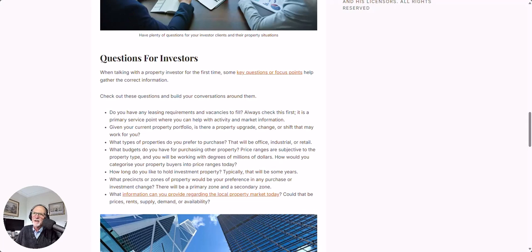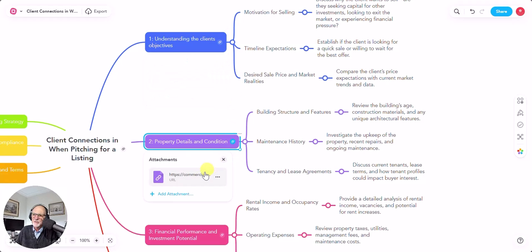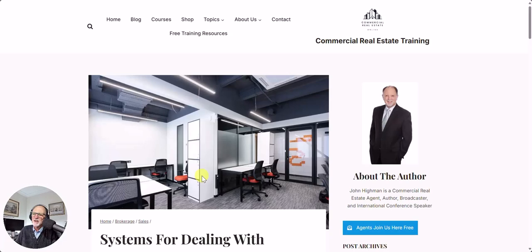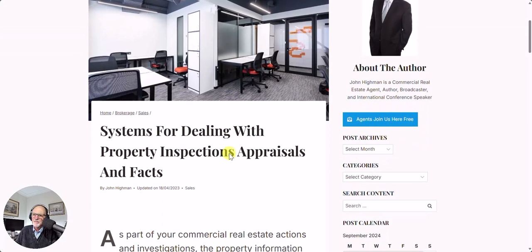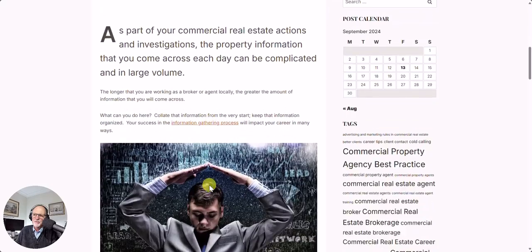Okay, so let's go back here. Now let's look at this next particular article that I've got here for you. Property details and conditions. So this particular article at the website is called Systems for Dealing with Property Inspections and Appraisals and Facts. Copy that down, go to the website, get to the article and then print it off.